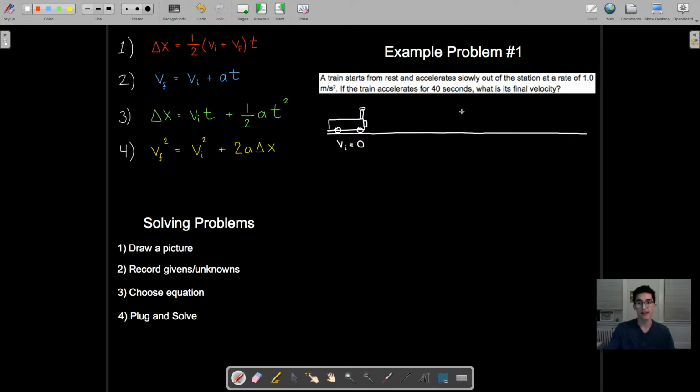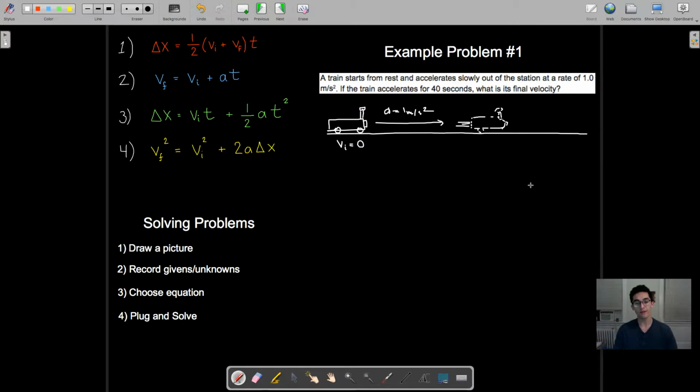And then it accelerates slowly out of the station at a rate of 1 meter per second squared. So I'm gonna record that here too, 1 meter per second squared. And if the train accelerates for 40 seconds, what is its final velocity? What is its final velocity 40 seconds later? So what is that velocity? That's what we're trying to find, okay?